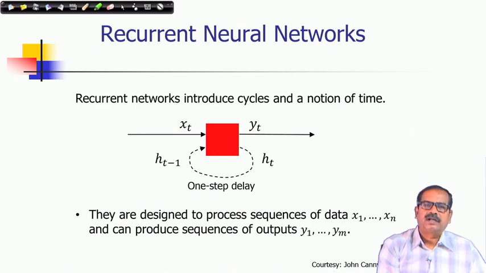The input at time t is x t, and there is output y t, but the intermediate output from the network is also given as feedback. So the input is not only x t; the previous time instance's output, h t minus 1, is also input to this block. It is as if there is a one step delay, and this is how it works.